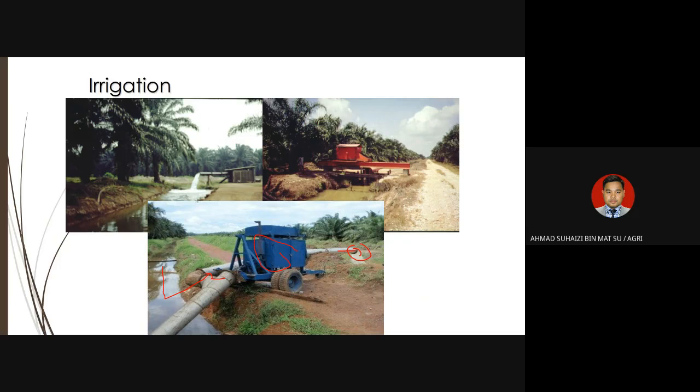So instead, you will have to use an IC engine, which is diesel, okay, a diesel pump, a centrifugal pump, then deliver. I think this is a screw pump, like a helix inside. So it will divert the water and then flow out to the main irrigation system or canal.